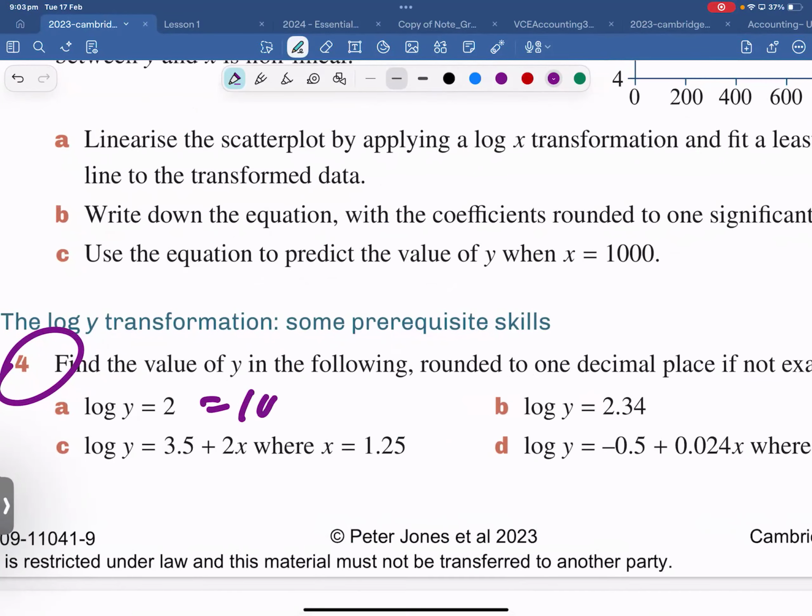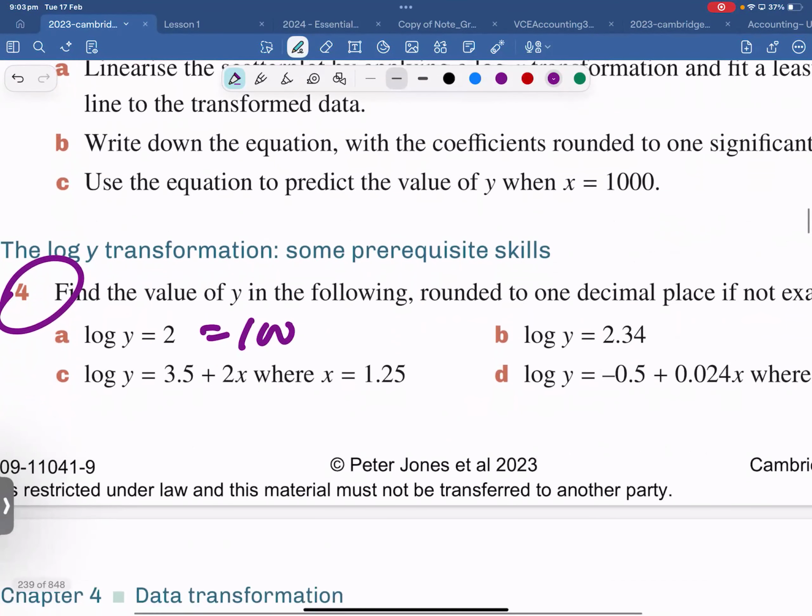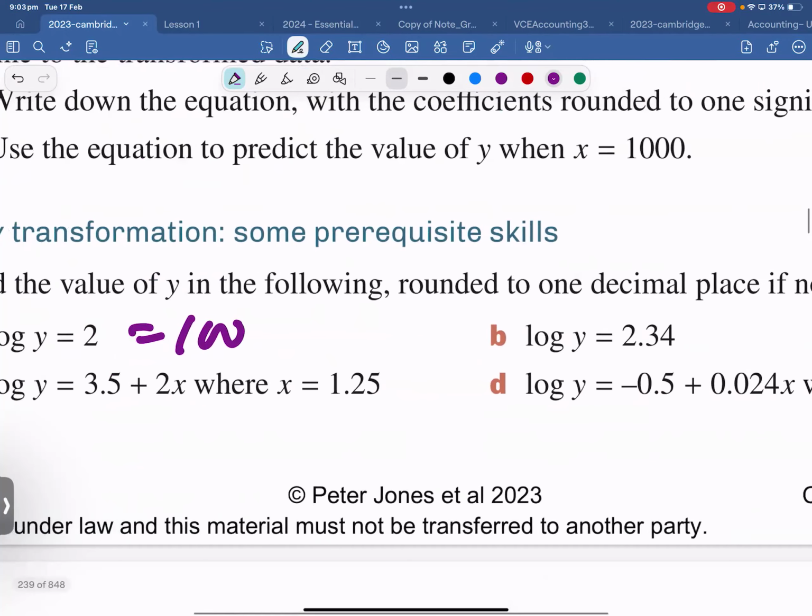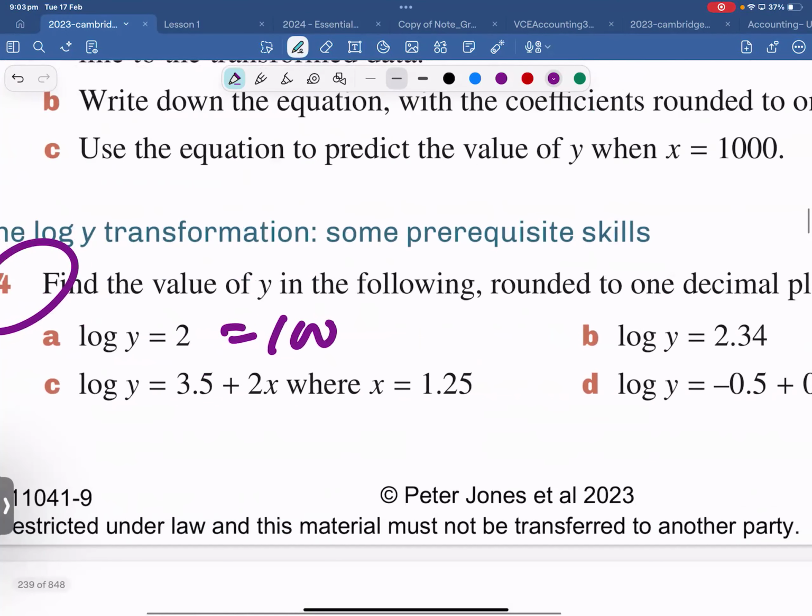Okay. Maha, did you do part B? No, A, what did you get? So that's what I said.